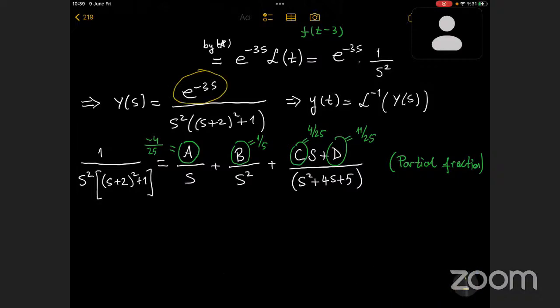For this we will use the step function again, remember. But let's do it without this part first.